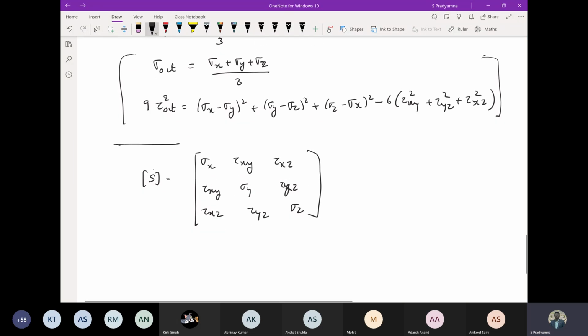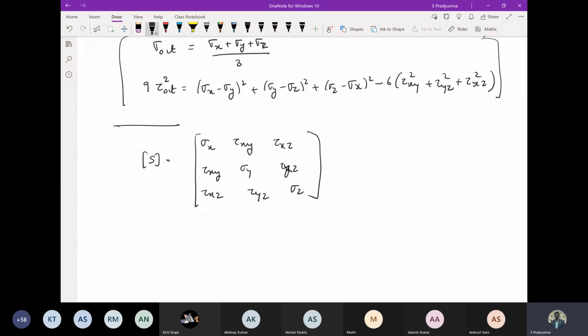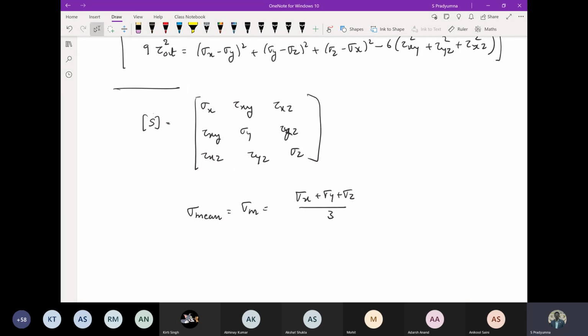I can write this in terms of, let's say, I consider a value of sigma mean. I can call this sigma m, which is equal to sigma x plus sigma y plus sigma z by 3. This can also be written as sigma 1 plus sigma 2 plus sigma 3 by 3.